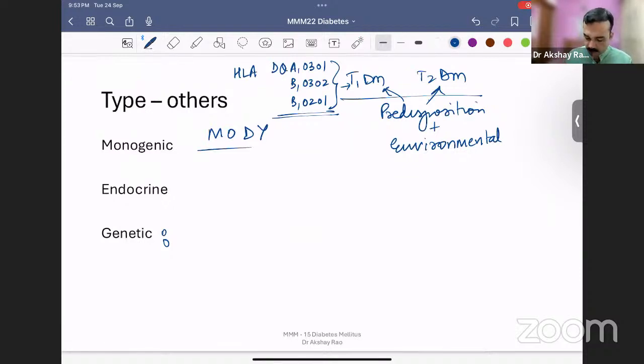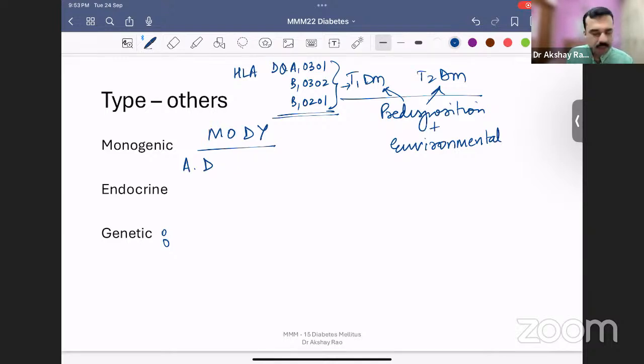Monogenic diabetes is a single gene disorder, a gene mutation or genetic change, which results in diabetes mellitus. These are known as maturity onset diabetes of the young. So these are autosomal dominant disorders. Consider this in individuals who get diagnosed with diabetes at a young age, but are not necessarily requiring insulin.